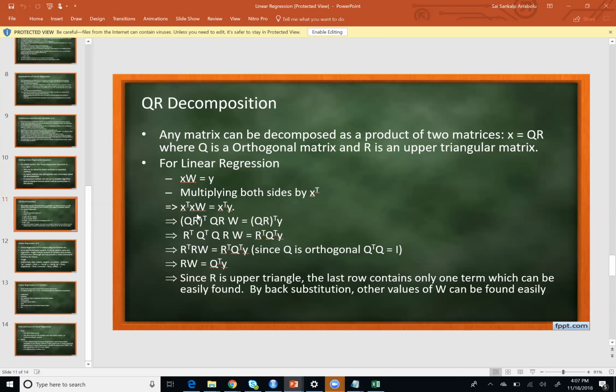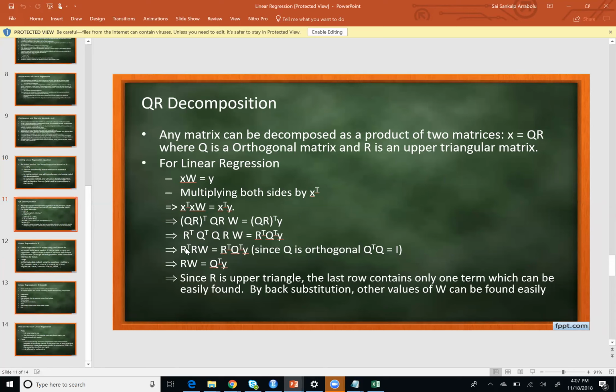Since Q is an orthogonal matrix, Q transpose times Q becomes the identity matrix, right? Orthogonal means that when you multiply the matrix with its transpose, it becomes 1. So in this case, it becomes R transpose times R times W equals R transpose Q transpose Y.